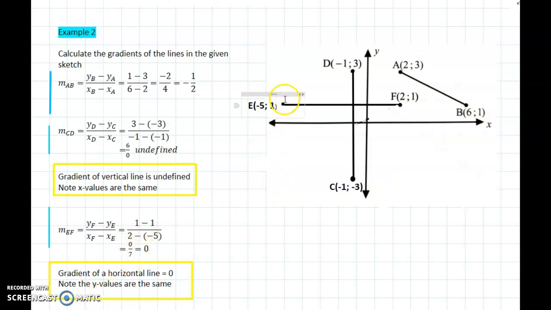Note, the gradient of a horizontal line is 0. Remember, gradient means slope. There is no slope to this line. And any horizontal line has a gradient of 0. How do I know the line is horizontal if I don't have a drawing? I can see that the y values are exactly the same. There is no change in the y values.